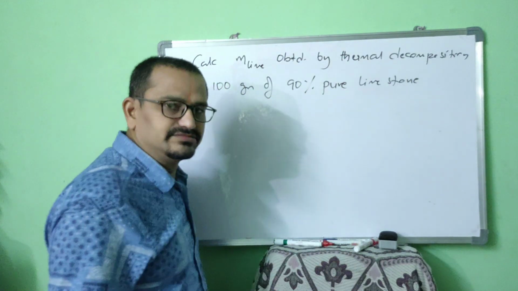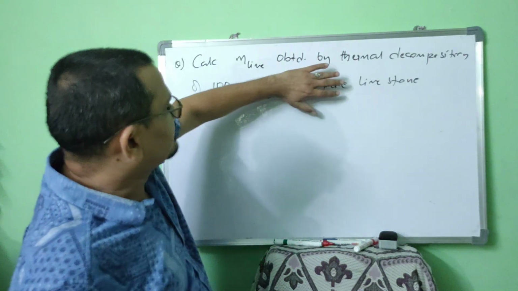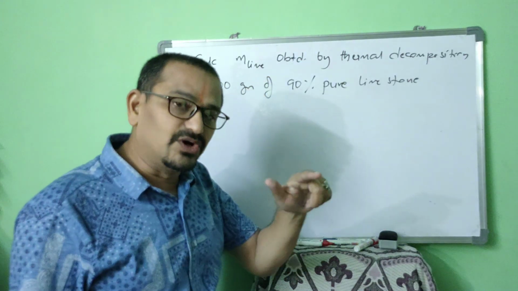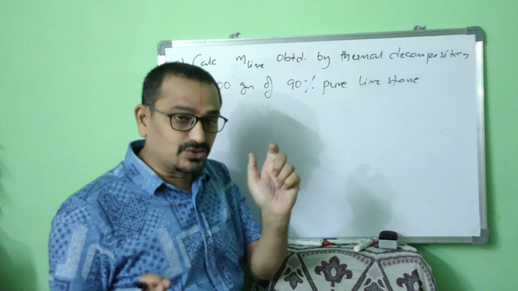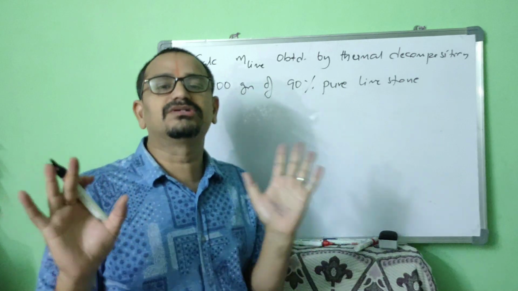So far, if percentage purity is not given, it means it is 100% pure. If the percentage purity is not specified in the question, it means it is a 100% pure sample.